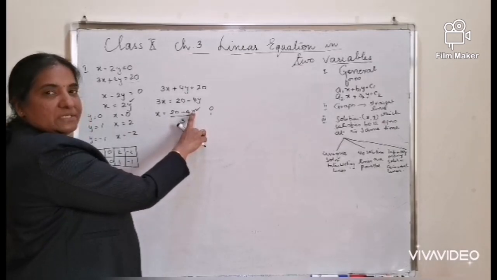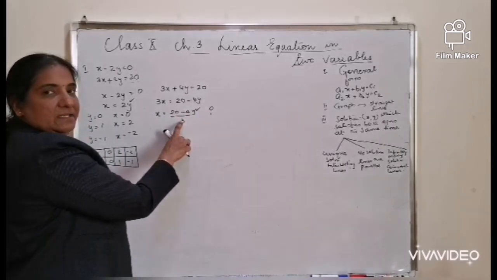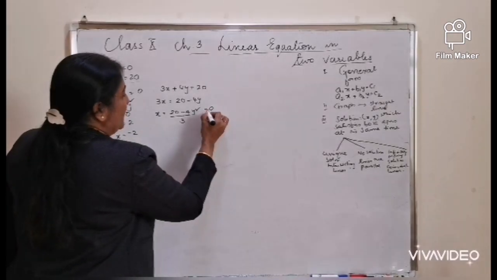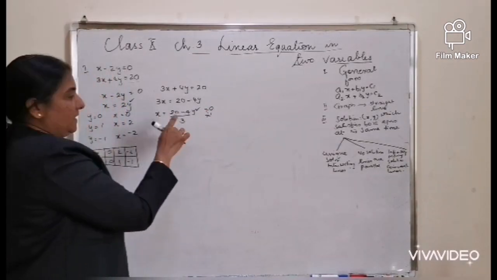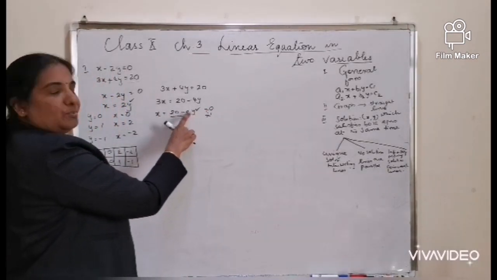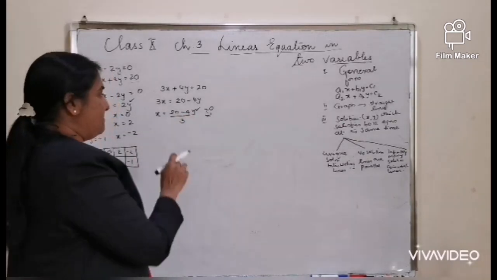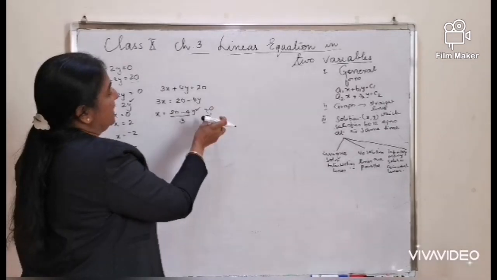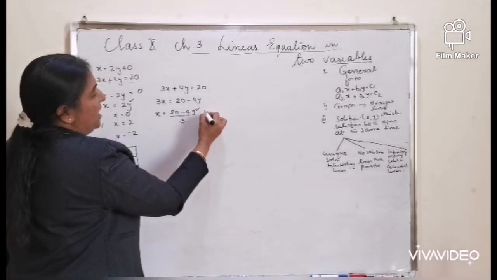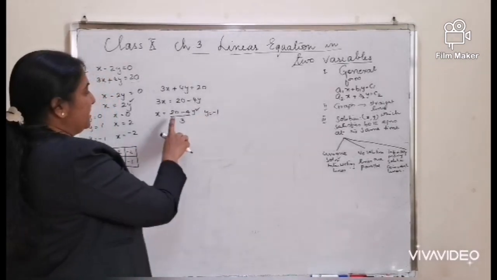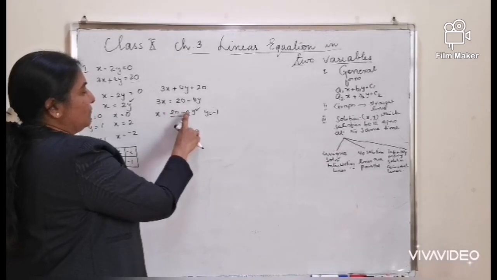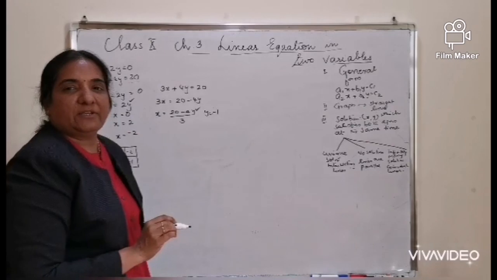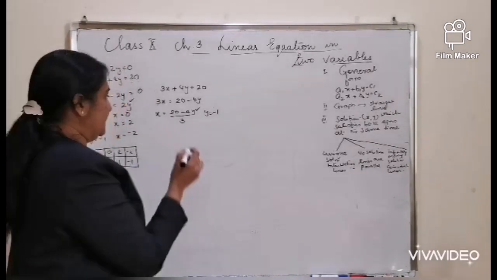4 into 0 is 0. 20 by 3 is a fraction. Avoid it. When y is equal to 1, 20 minus 4 into 1 is 16. 16 by 3 is again a fraction. If you give y as minus 1, 20 minus 4 into minus 1 is 20 plus 4, 24 by 3 is 8.